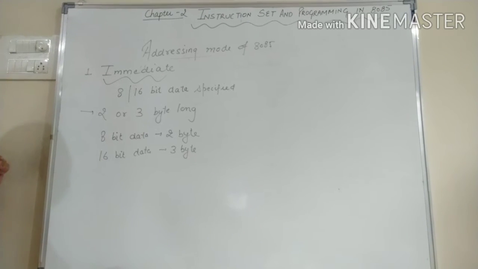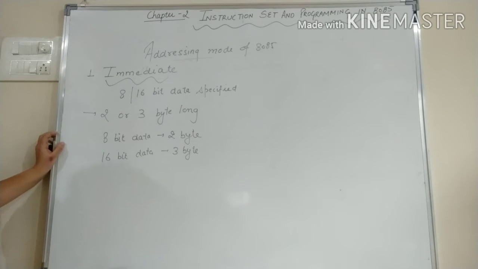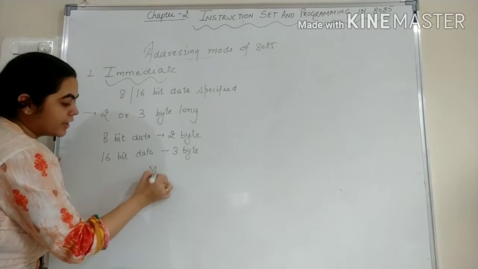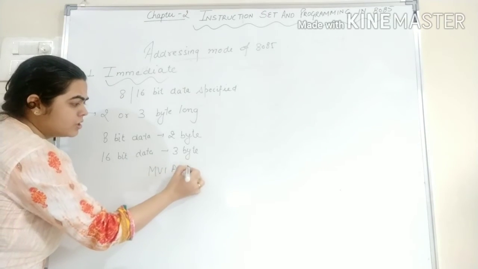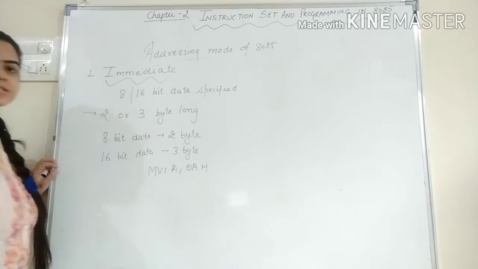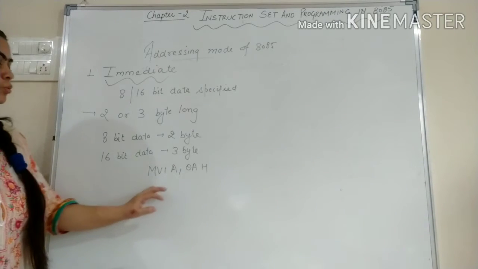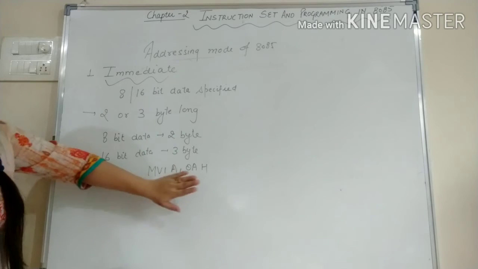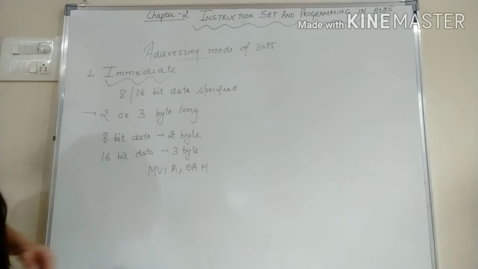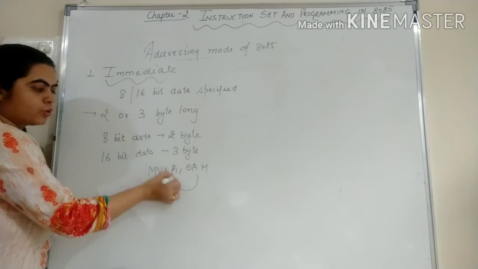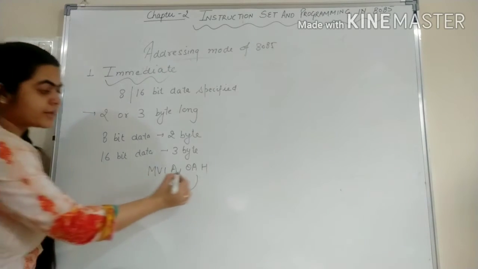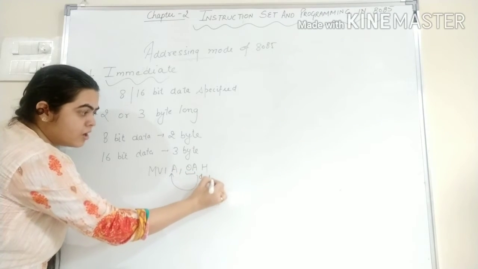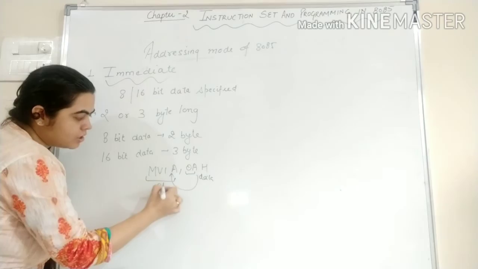Now we can see an example of immediate addressing mode, that is MVI A, 0AH. This instruction means we move the contents present in the instruction into the accumulator. Here 0A is the data while MVI A is the opcode.